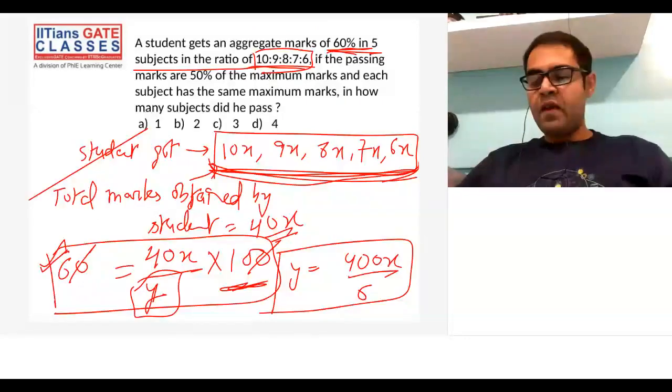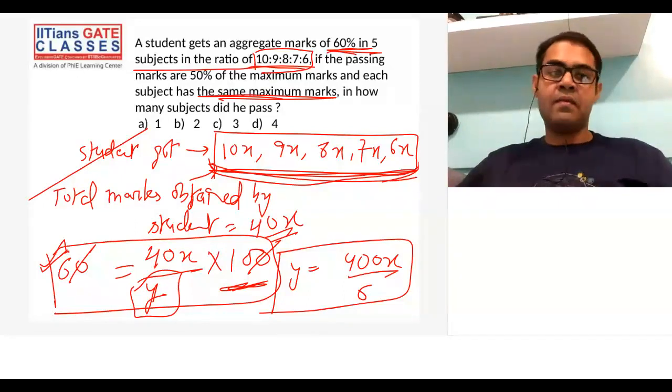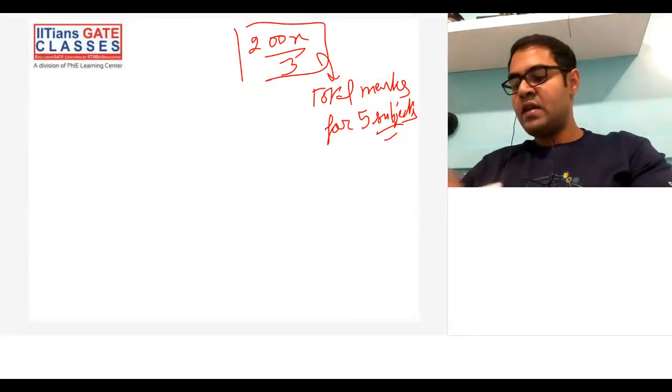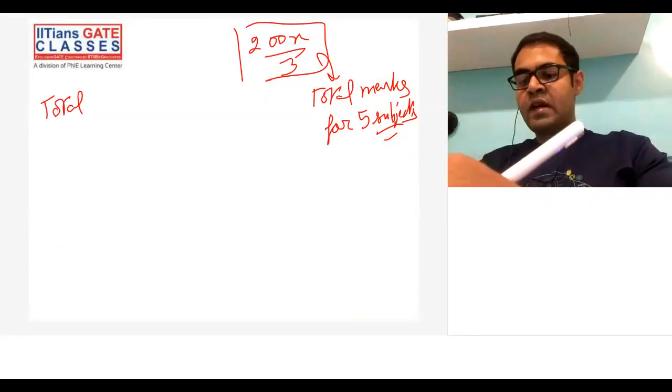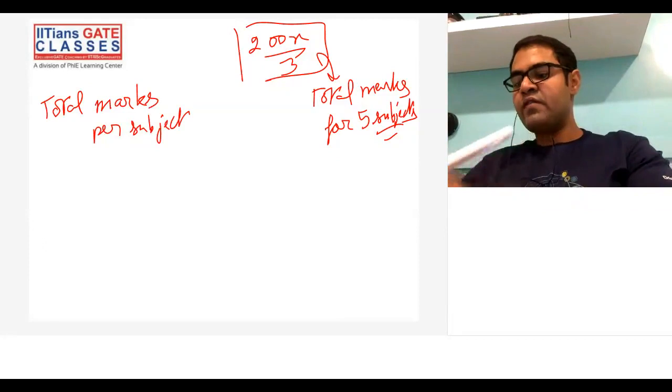They are saying the maximum marks per subject are the same. That means if I want to calculate the maximum marks, or total marks, let me maintain the vocabulary, total marks per subject. These are for 5 subjects, right?